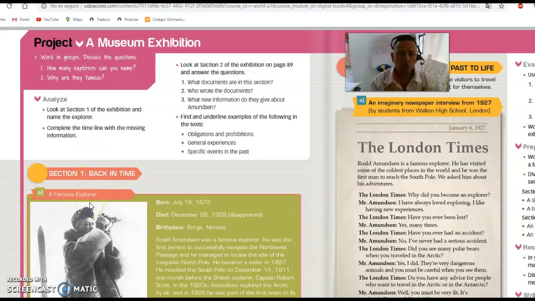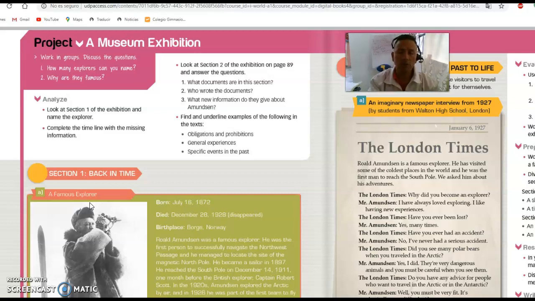Okay? So you need to know all the information about that man. So that's more or less your project: to investigate about a famous explorer, and you need to write, no computer. I mean, you can find in your computer all the information, but you need to write on your notebook using your handwriting.